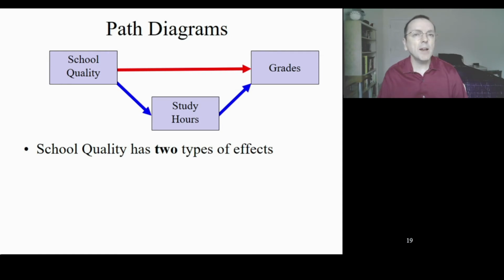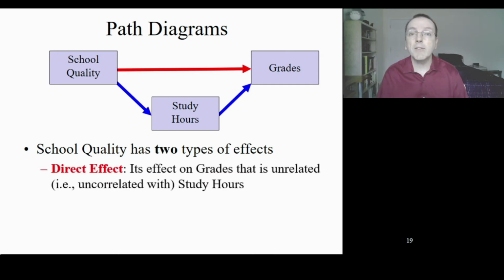So school quality has two different types of effects on grades. It has what's called a direct effect, seen here in the red arrow. This is that part of the overall effect of school quality that has nothing to do with how many hours a student studies.